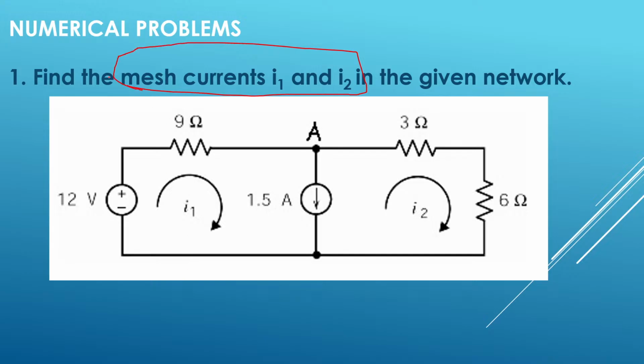Whenever mesh currents are mentioned, we have to apply mesh analysis. The same method which we follow for mesh analysis, but there will be a small difference because of this current source which is in between two meshes.